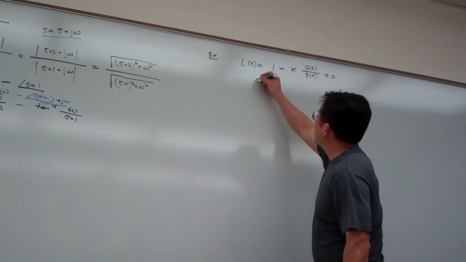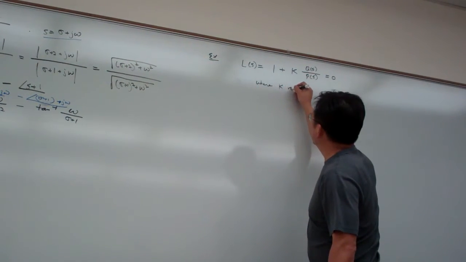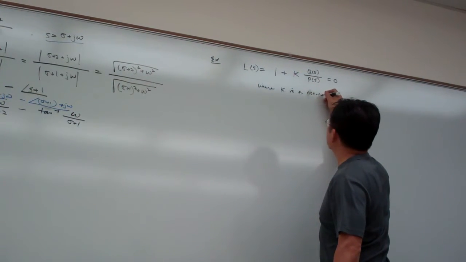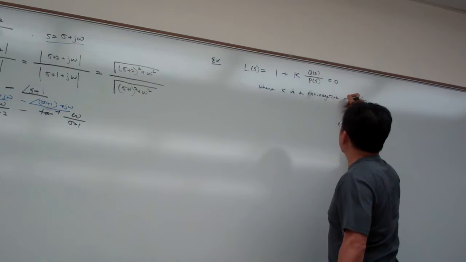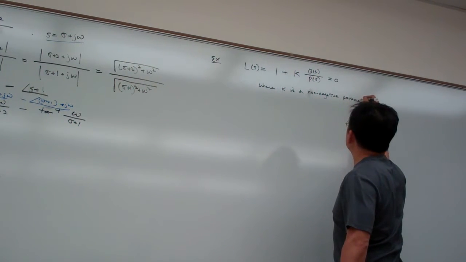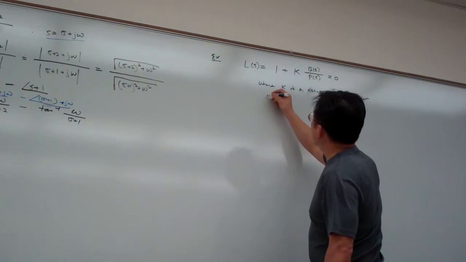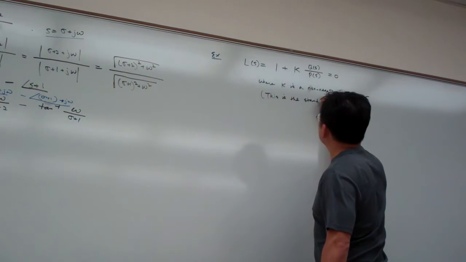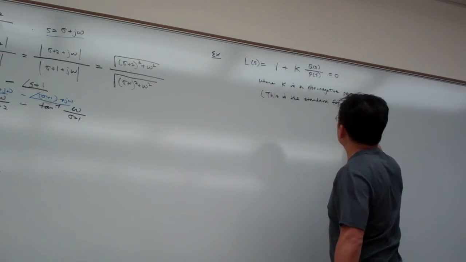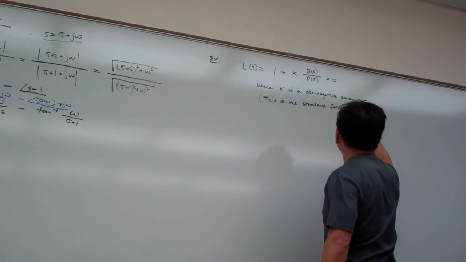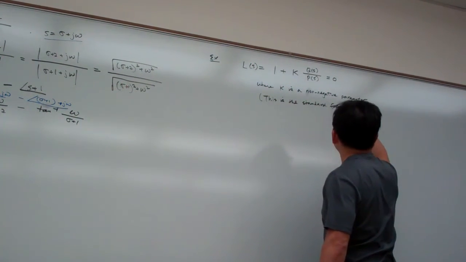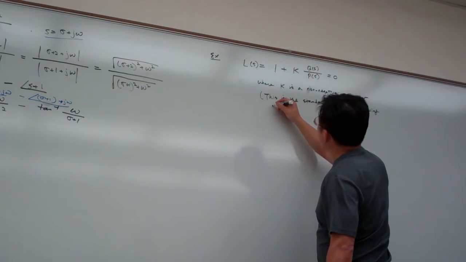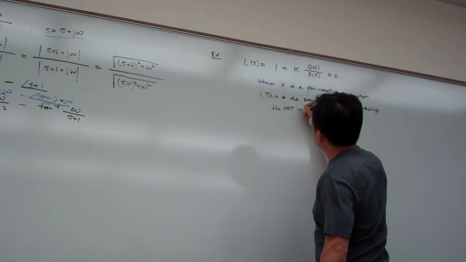Basically, here k is a non-negative parameter, and this is the standard form for drawing the root loci.